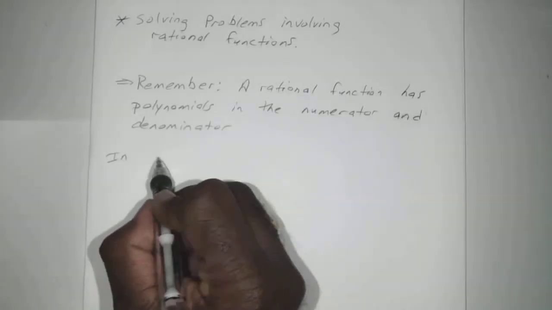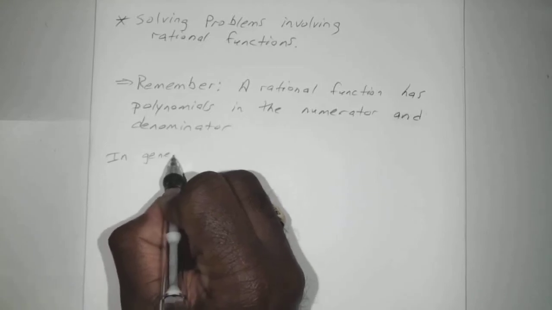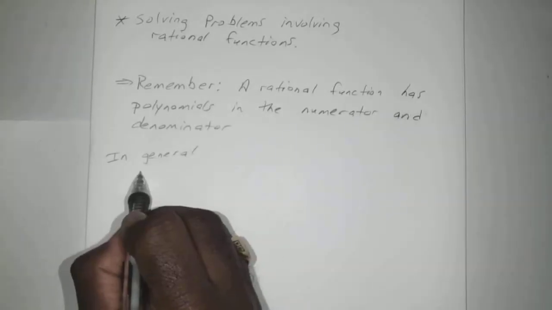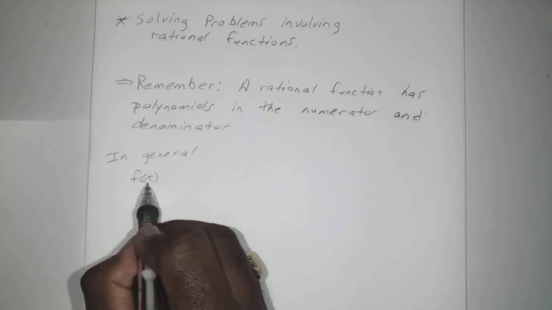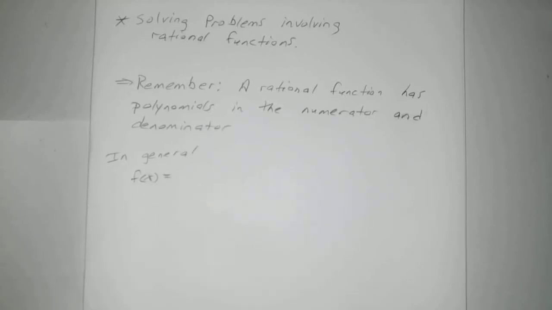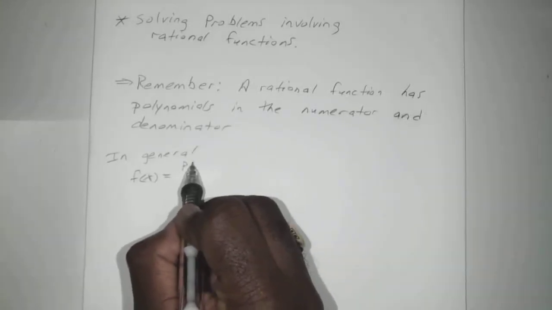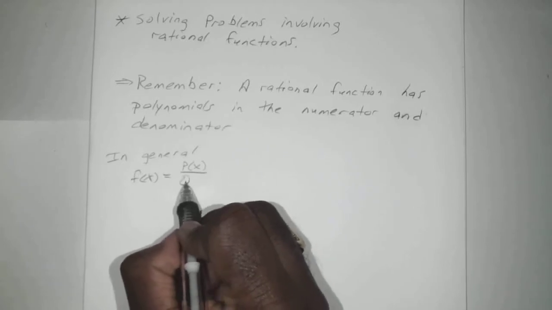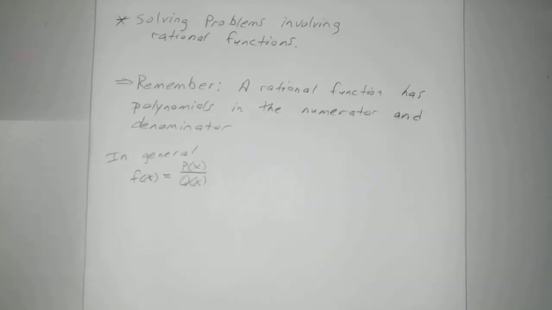Okay, now the general definition is where you have some function of x equal to, sometimes you'll see p of x over q of x or m of x over n of x.